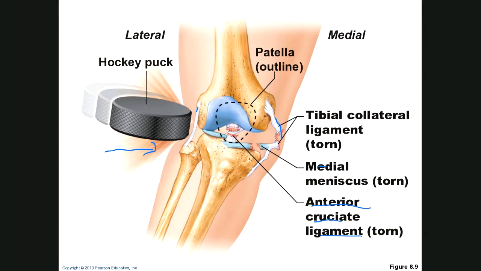It tends to be torn. Now, if you don't surgically go in and fix that anterior cruciate ligament, that person's life as far as an athlete is over. It requires surgical intervention.